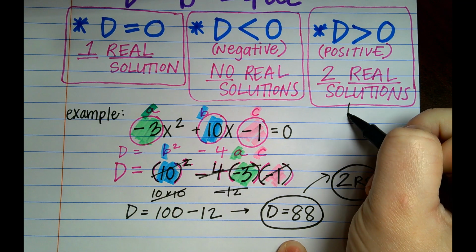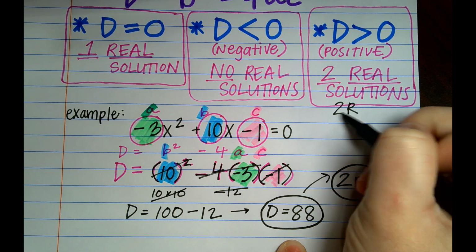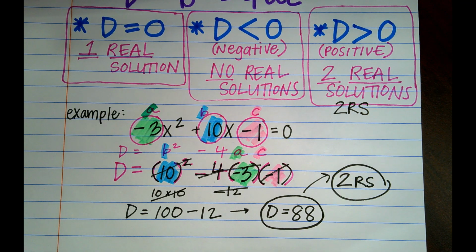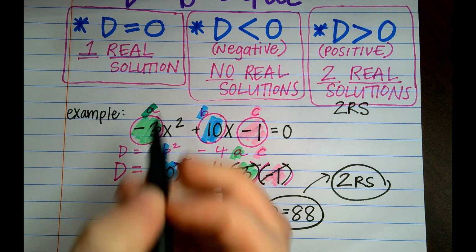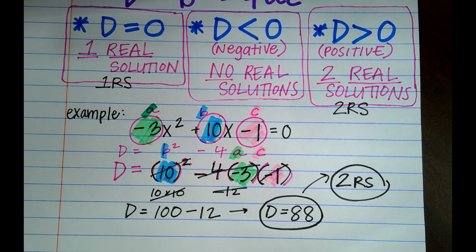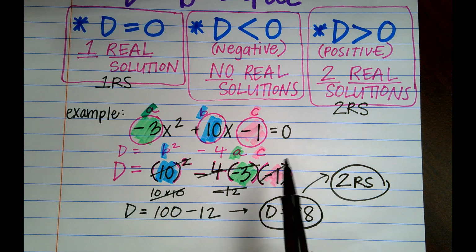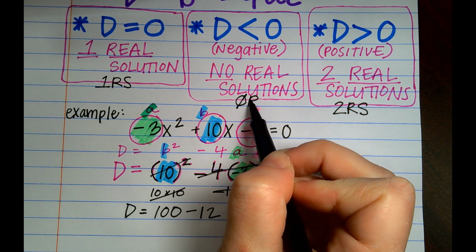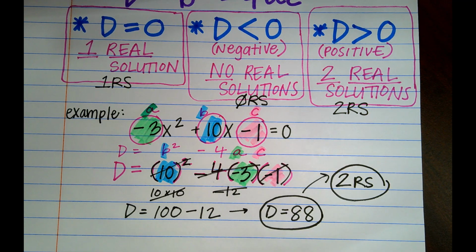So we can write that over here as well, 2RS. We could do the same thing for one real solution, 1RS. And then 0RS. Just a way to write it a little more quickly.